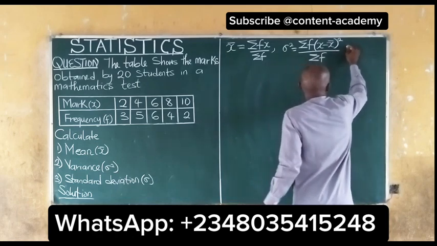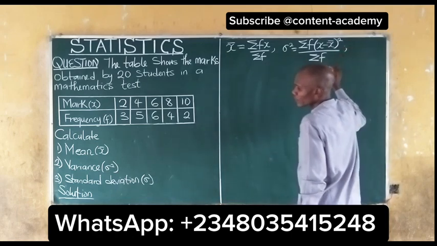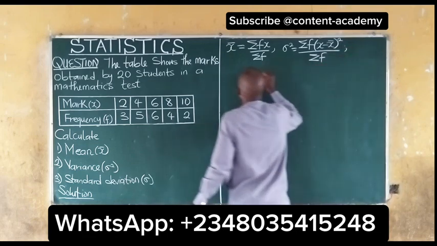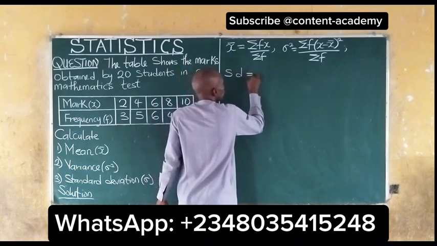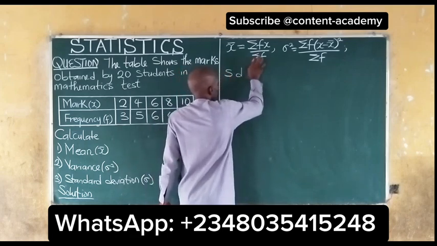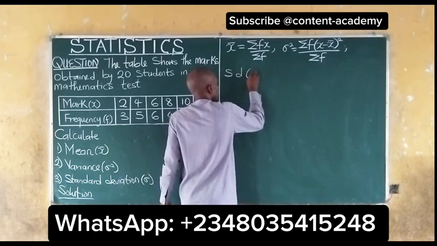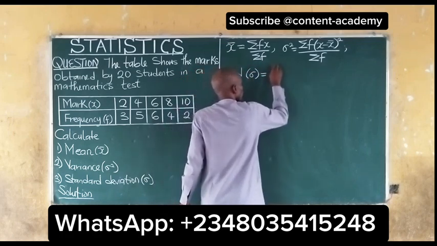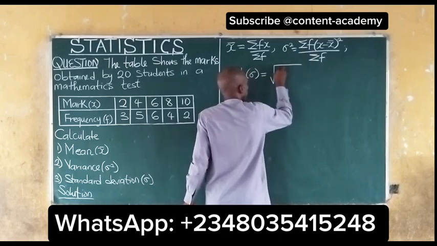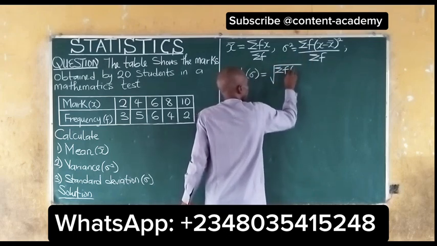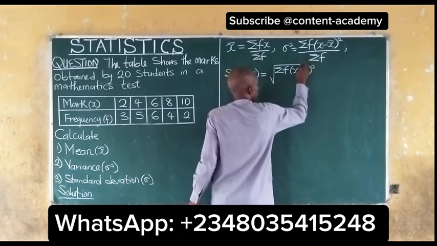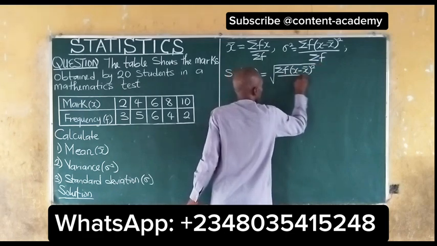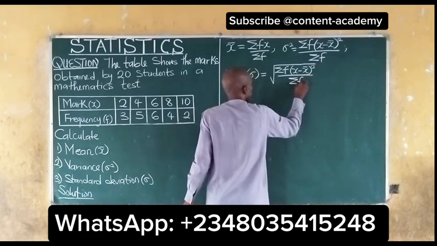And we also note the standard deviation, which is denoted as this, is equal to the square root of the variance, all over the summation of f.